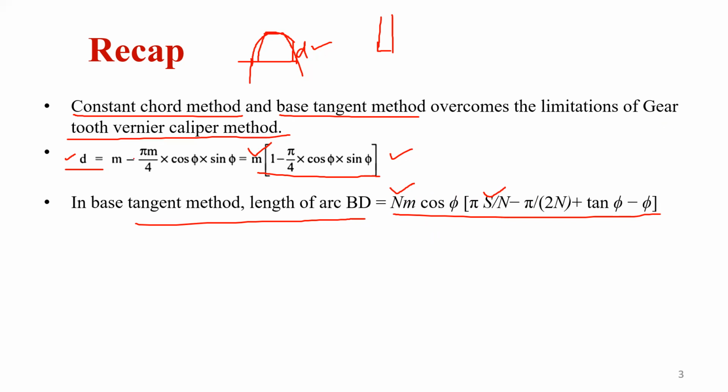So in the gear tooth vernier caliper, we consider only one tooth, but in this base tangent method, we consider S number of teeth. That's why the error is minimized in the base tangent length method compared to the gear tooth vernier caliper method.